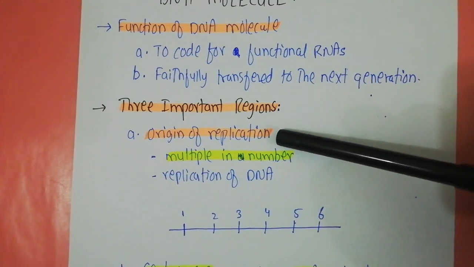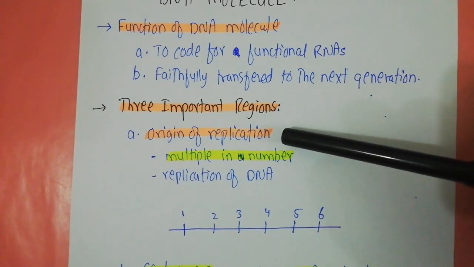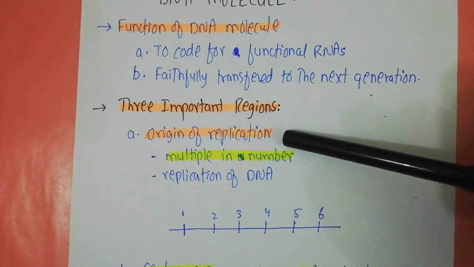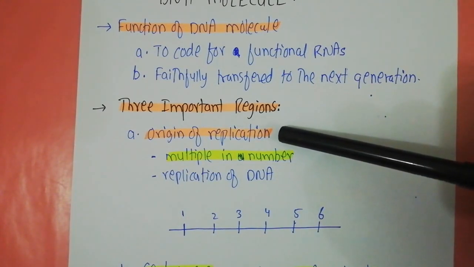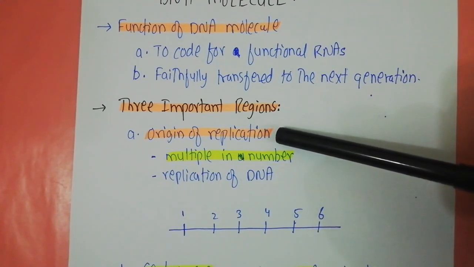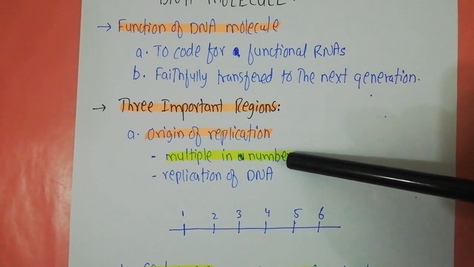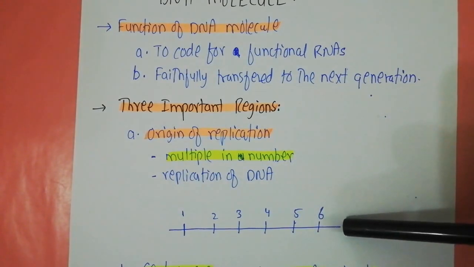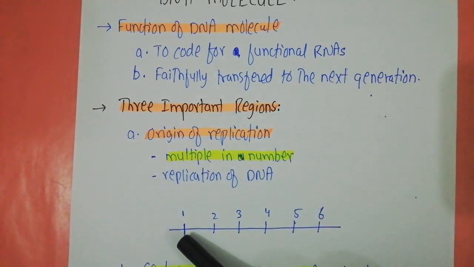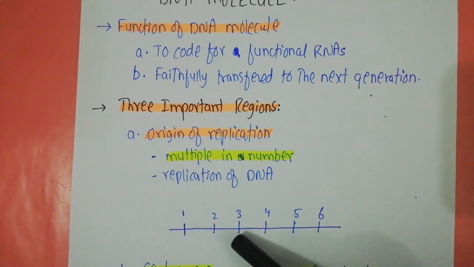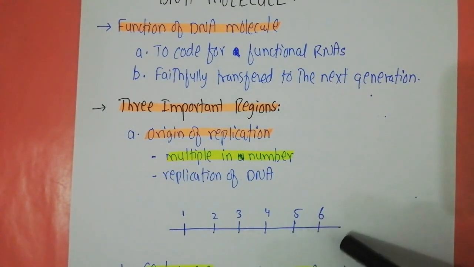The human genome is a very big genome, and to replicate that DNA molecule you need origins of replication in a very large number. For example, if this is a DNA molecule, you can have an origin of replication over here, then one over here, so many origins are present in one DNA molecule.